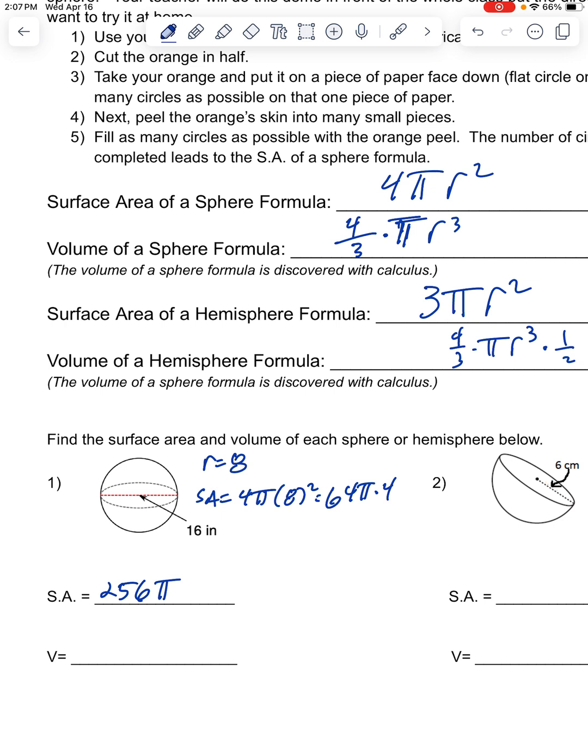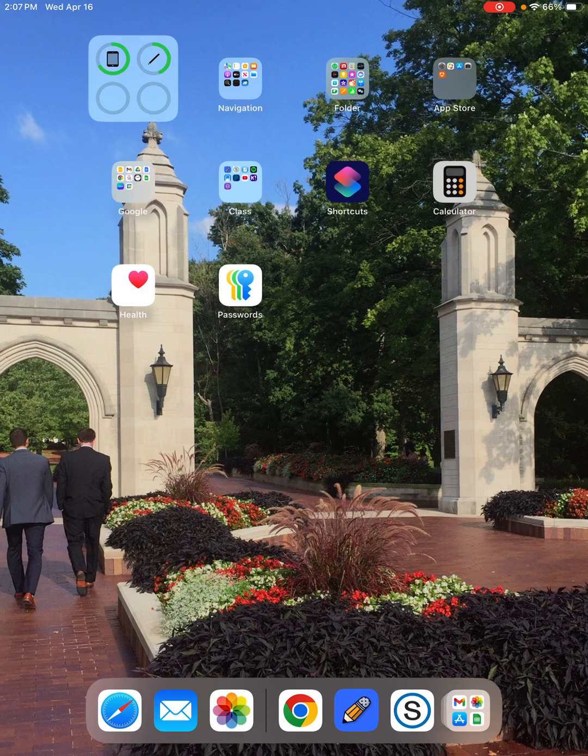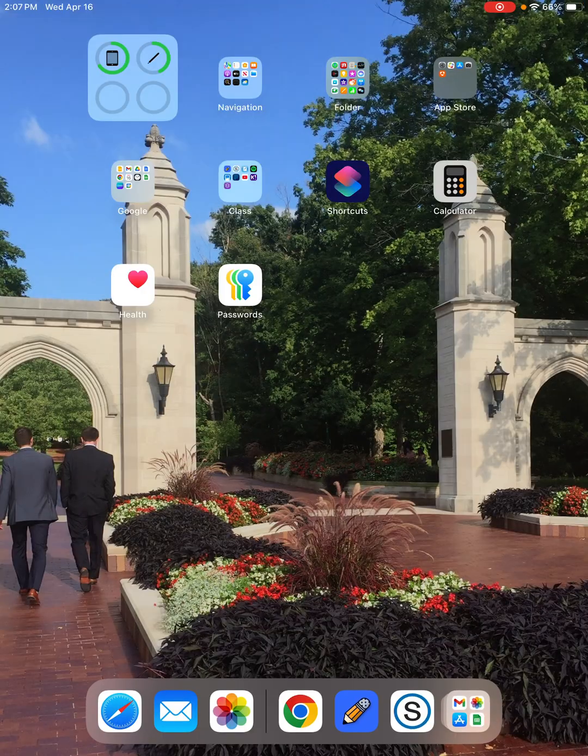So to find the volume, it is 4/3 pi 8 cubed. How would I plug this into my calculator?